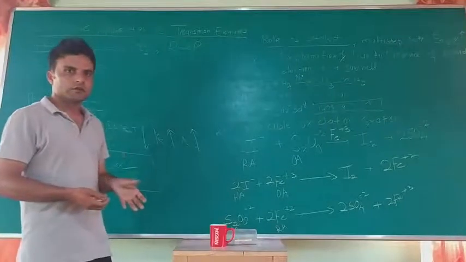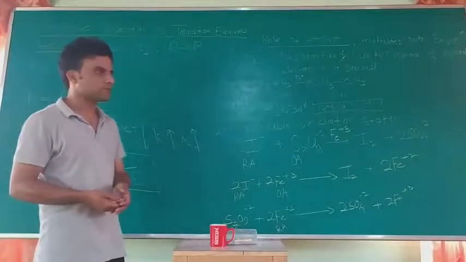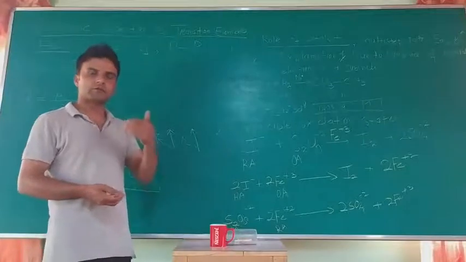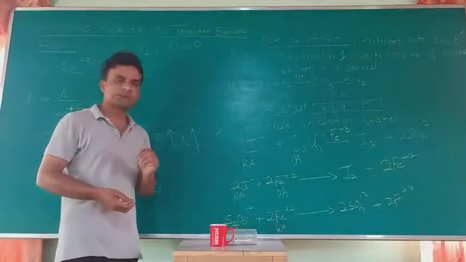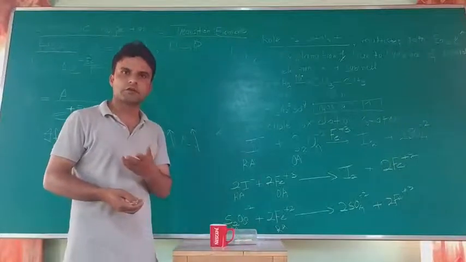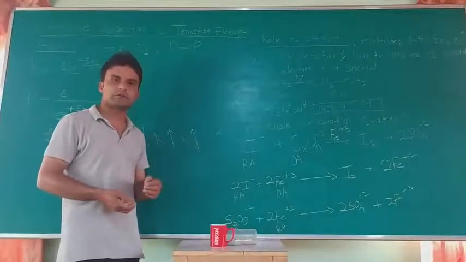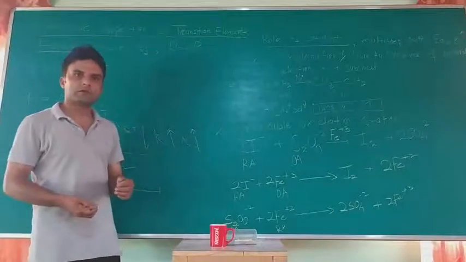And what is the response? The response will be that electrons from the valence band will excite to the conduction band, and electrons present in the conduction band will act as reducing agents. They will reduce any substance, and holes present in the valence band will act as oxidizing agents.